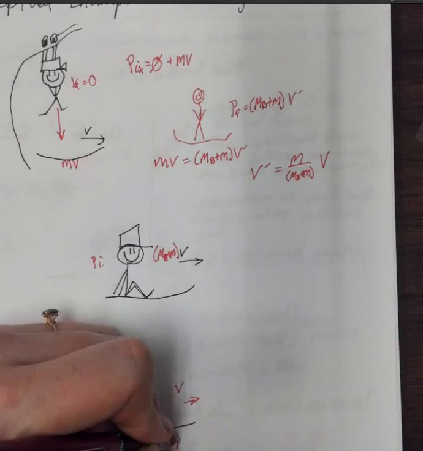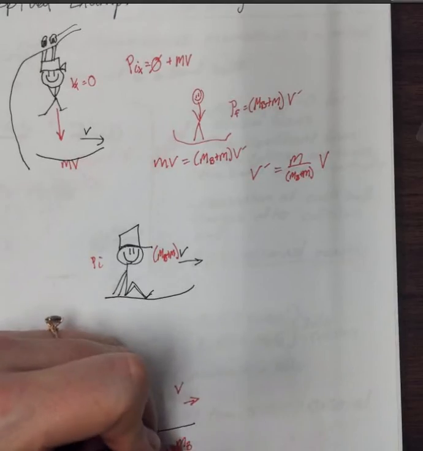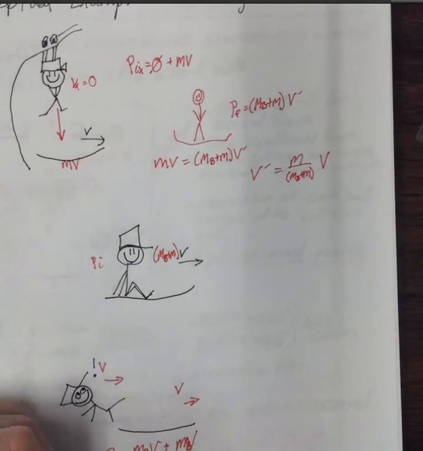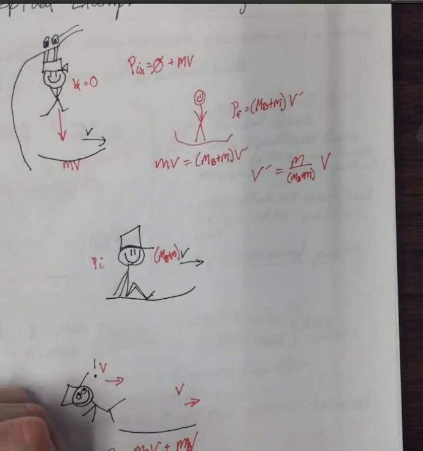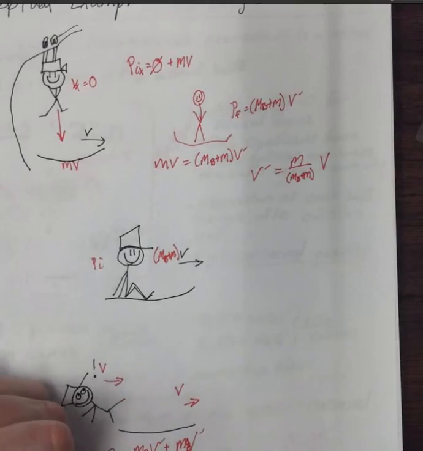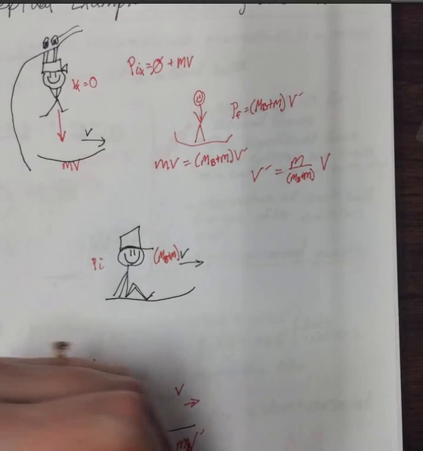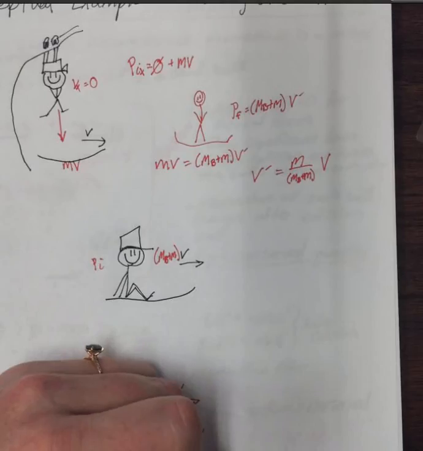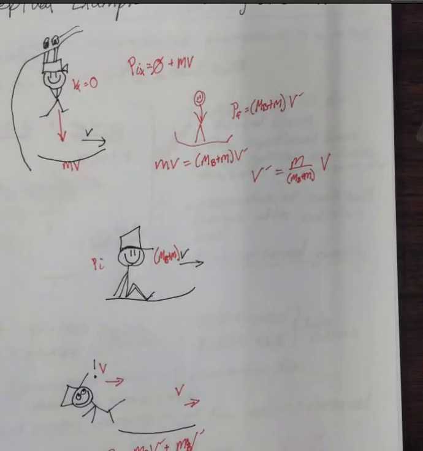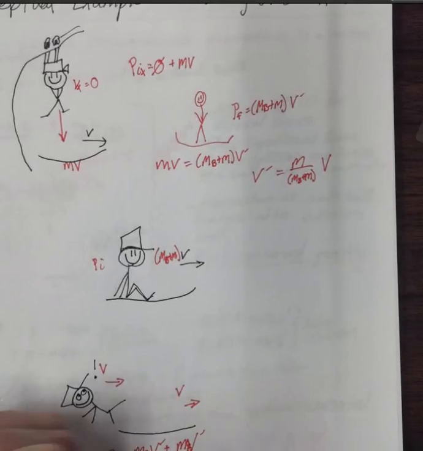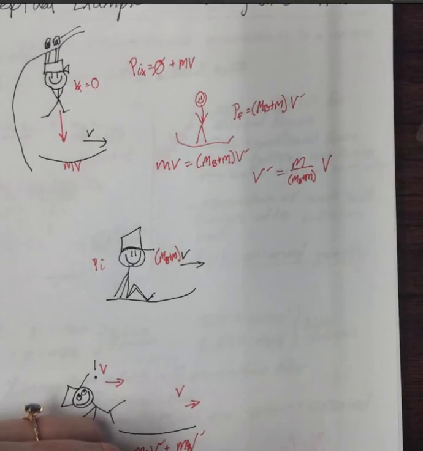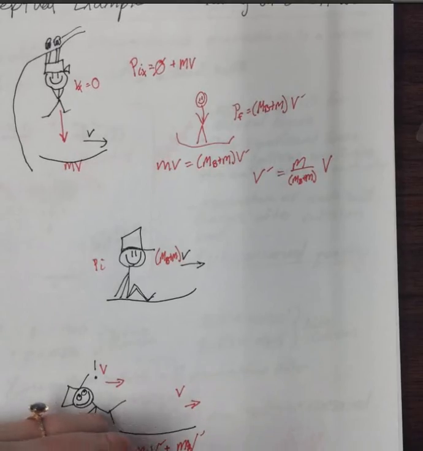And it turns out that (m_b plus m) v equals m_b v prime plus m v prime, and if we factor it, then it turns out that v prime equals (m_b plus m) over (m_b plus m) times the initial velocity.